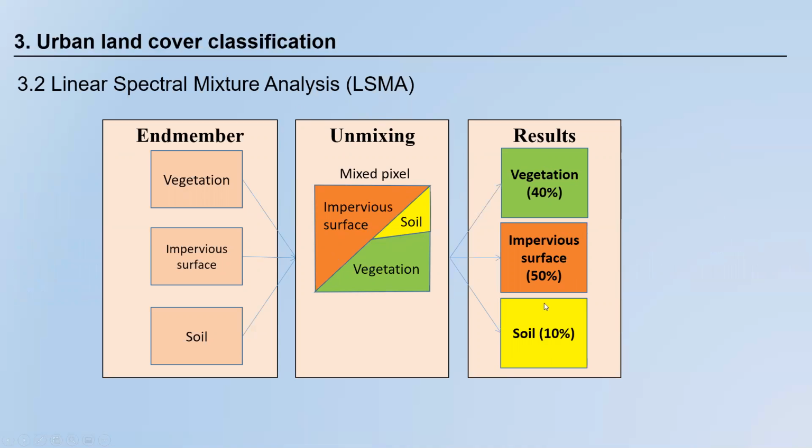If this was the result of the unmixing, it means that 40% of the total reflectance of this pixel is from vegetation, 50% is from impervious surface, and 10% is from soil. So you add them up linearly, and you have this pixel's reflectance.